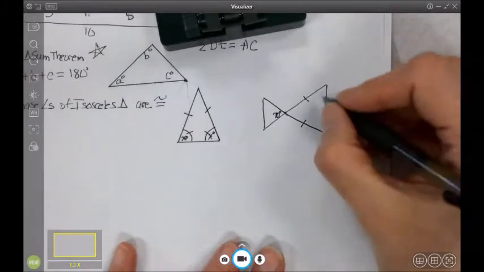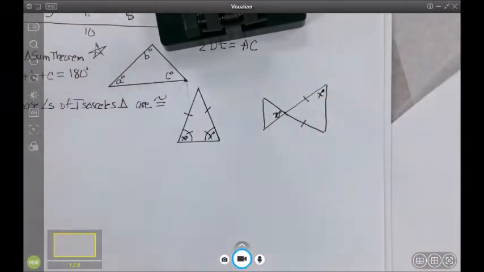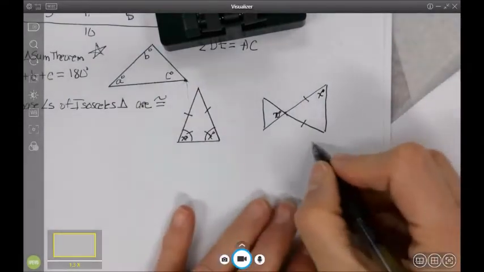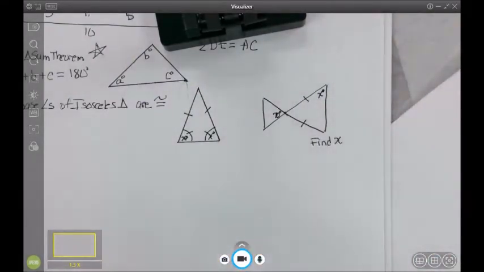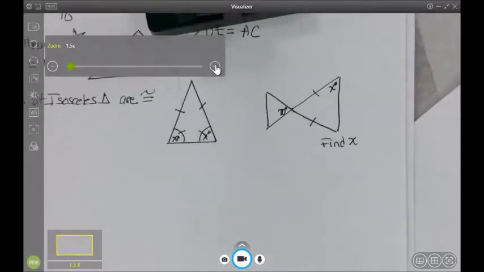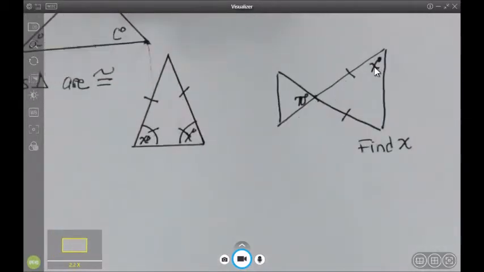So I want you to find the measure of this angle right here. So find x. This is a very typical example of the isosceles triangle theorem, and we'll be using a few more in conjunction with that. So I've got a 70-degree angle, and I'm trying to find this angle right here.